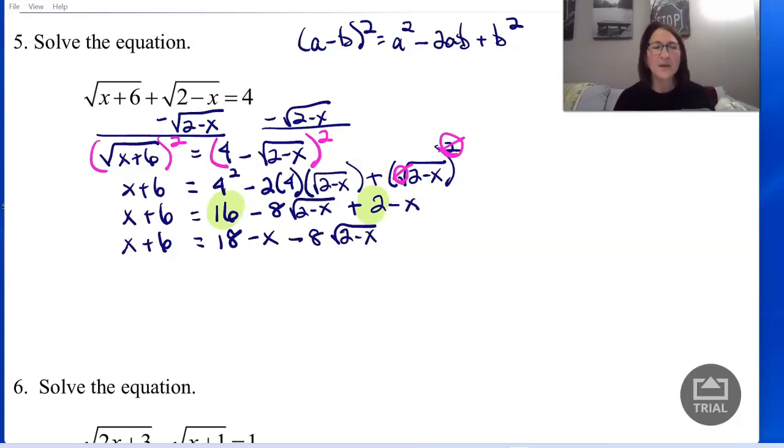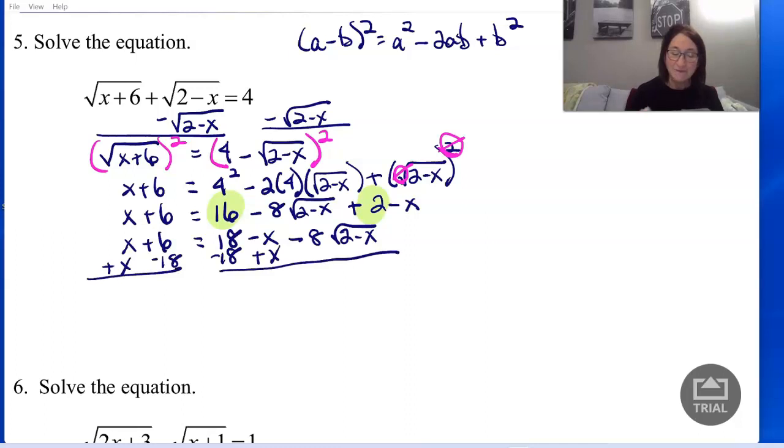Okay, wow. So now what am I going to do? I'm going to get all of my terms over on the left. I'm going to leave my radical on the right, okay? So I'm going to go ahead, subtract 18 from both sides, add x to both sides, so that I'm left with 2x minus 12 is equal to negative 8 square root of 2 minus x.